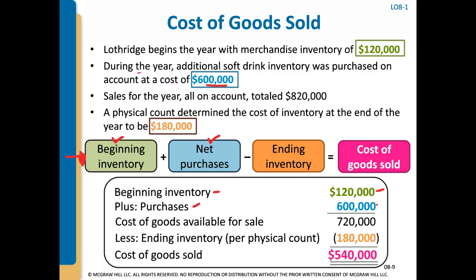So here's our plus $600,000. And we come to this line item, and that subtotal is called the cost of goods available for sale. That's the $720,000. Then we subtract our ending inventory, which we're told is $180,000. So that means our cost of goods sold is $540,000. So let's see how we record that entry.